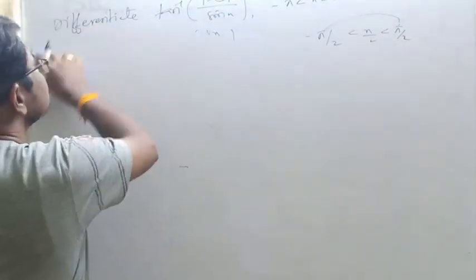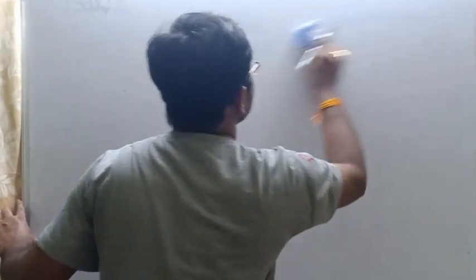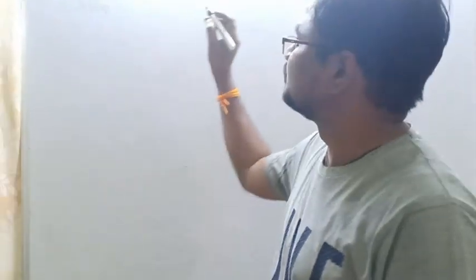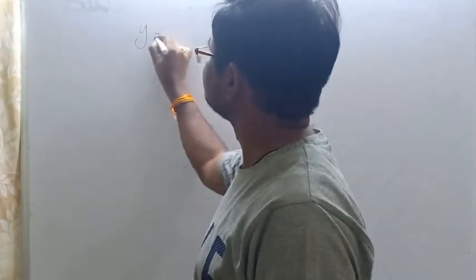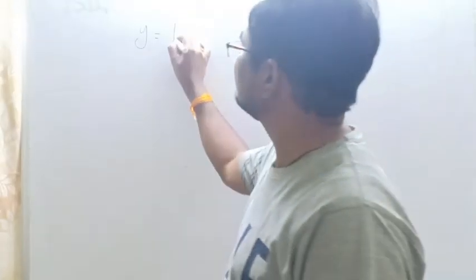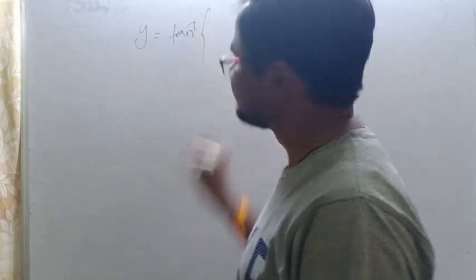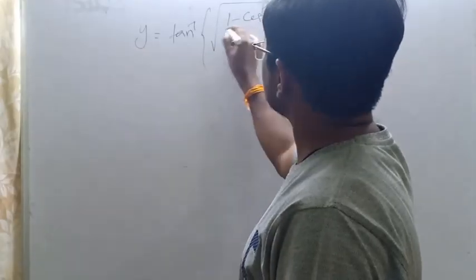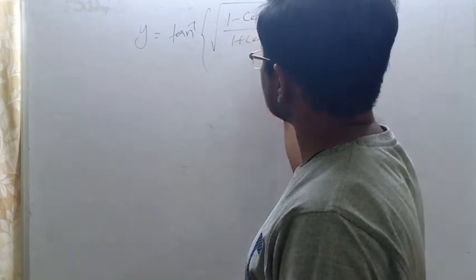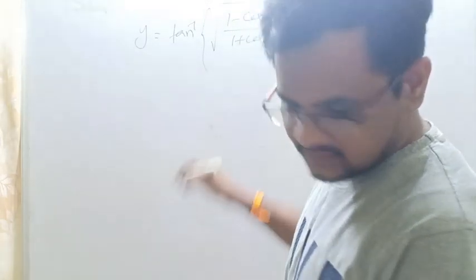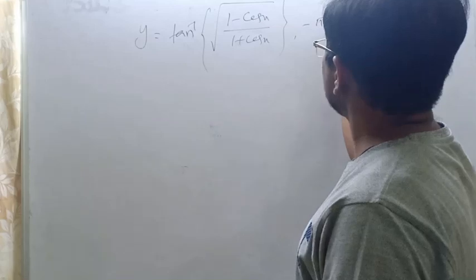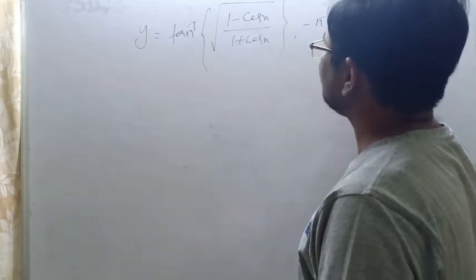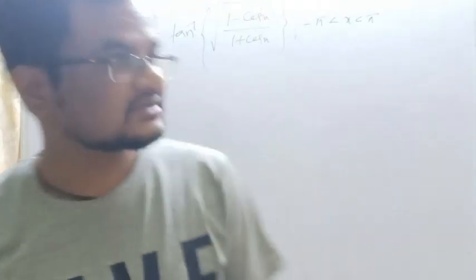Now next one. y equal to tan inverse of root of 1 minus cos x by 1 plus cos x. When the condition is minus pi less than x less than pi, find dy by dx. What we have to do? Simple thing.